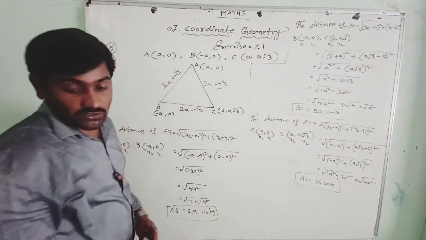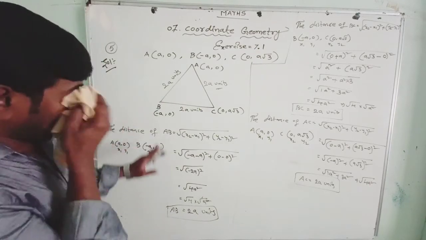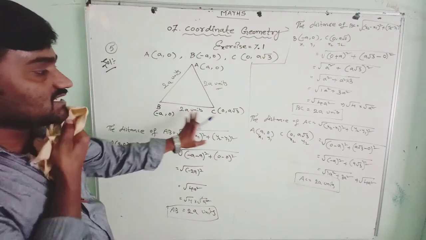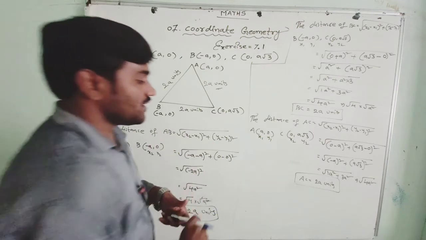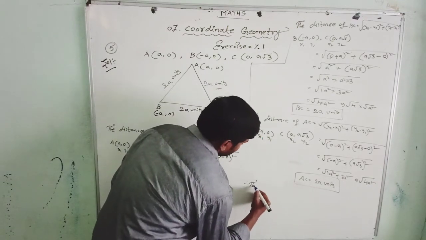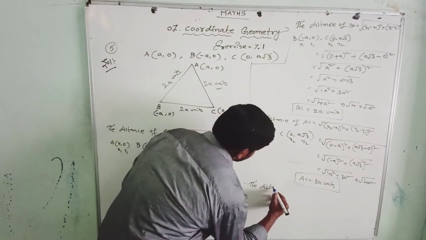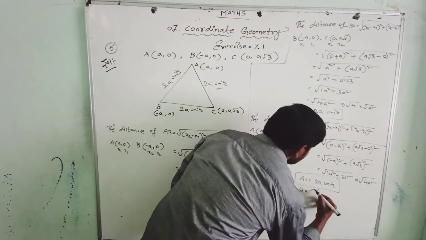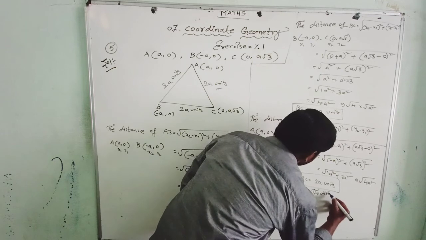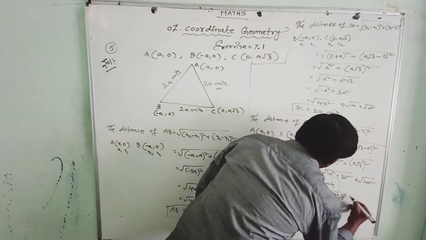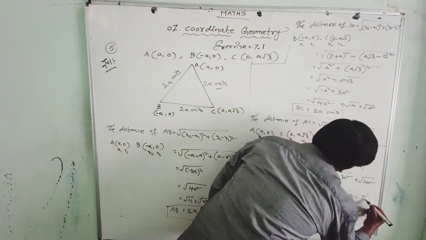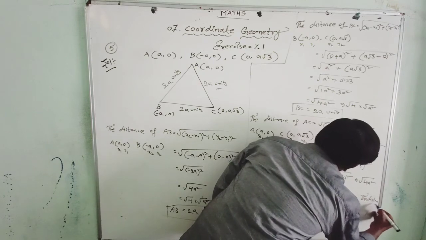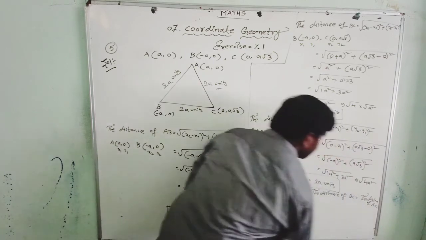So what we understood here is that the distance of AB is equal to the distance of BC, which is equal to the distance of AC.